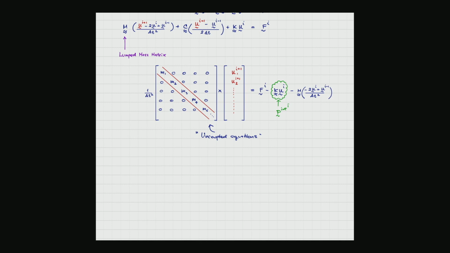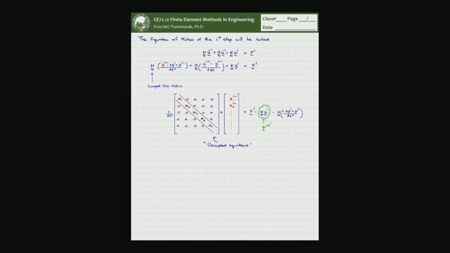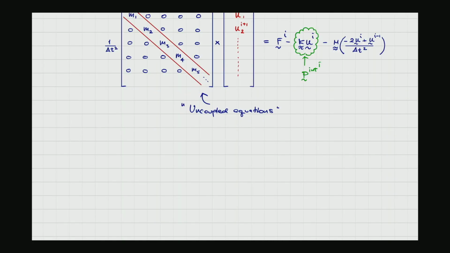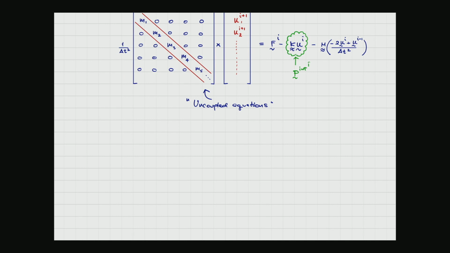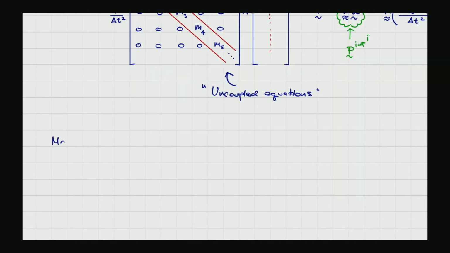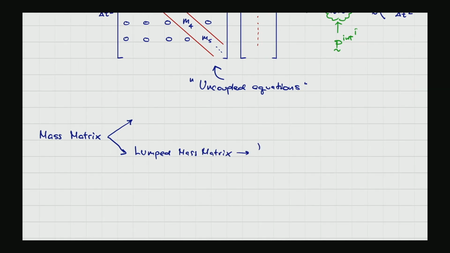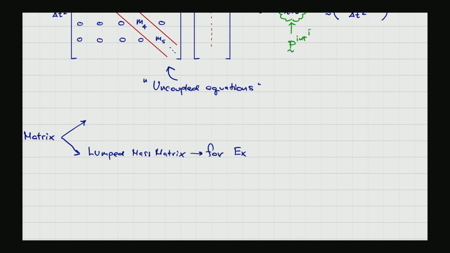Let me check one thing. I think I missed the mass matrix. There are two kinds of mass matrix. I just talked about the lumped mass matrix, which is for explicit time integration.